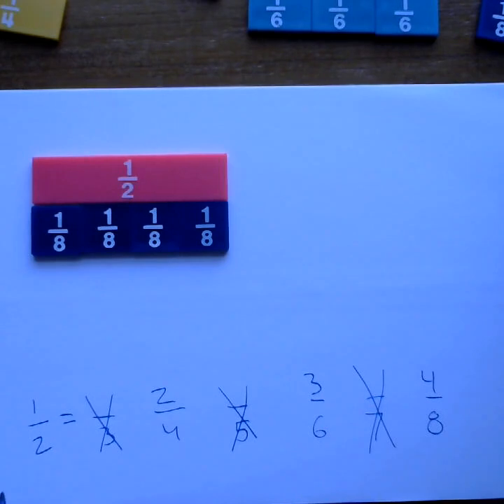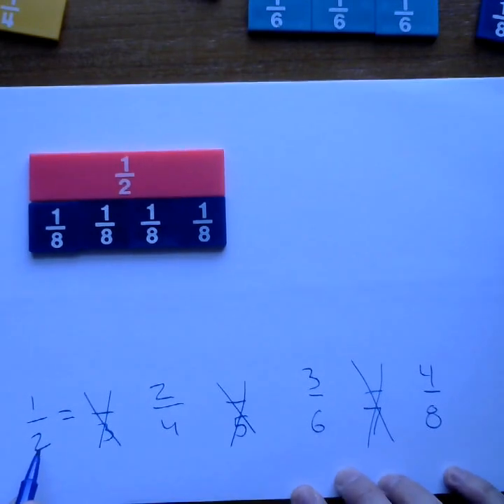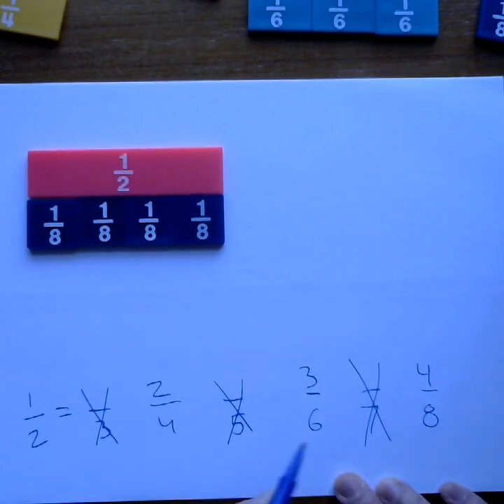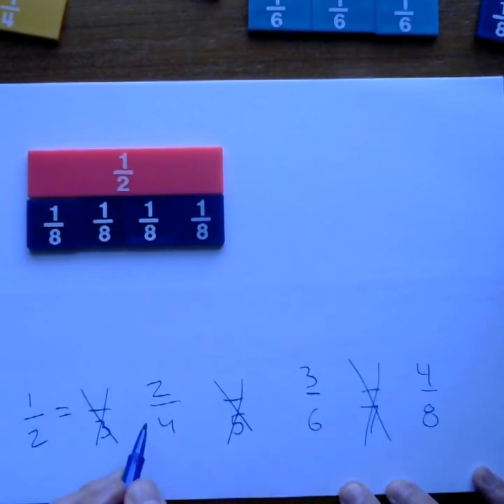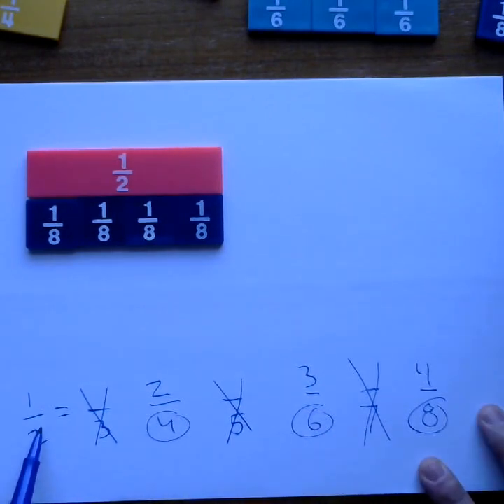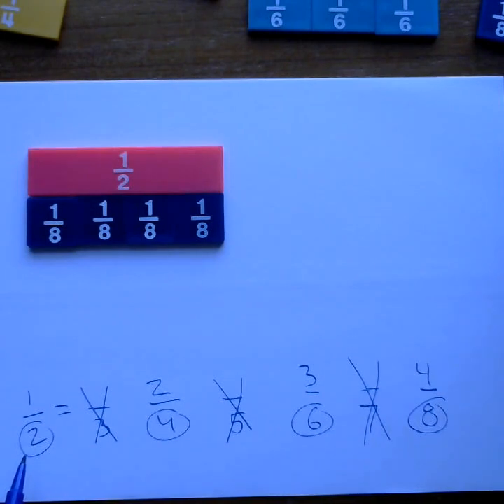But what do you see here? The denominator of 2, then 2, 4, 6, 8. Hey, I'm counting by 2s here with the denominators that will work. All the multiples of 2, 2, 4, 6, and 8, all these you can make equivalent fractions with 1/2. And that works for every fraction. Whichever fraction you're starting with, if you just count the multiples of that denominator, you can make an equivalent fraction with that denominator.